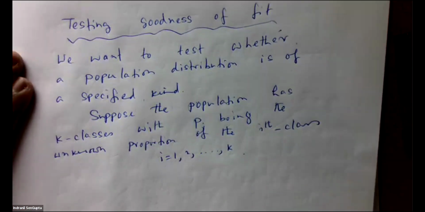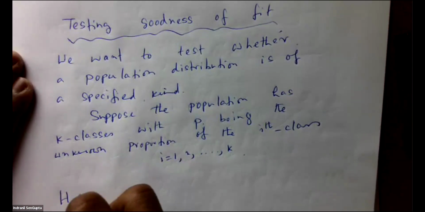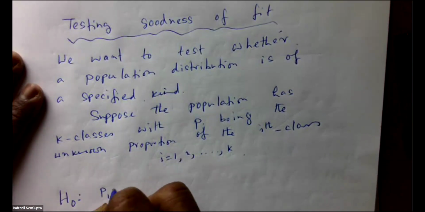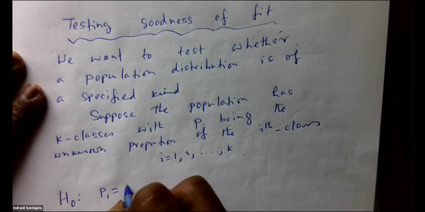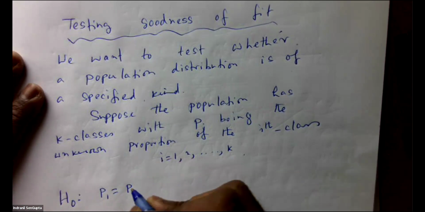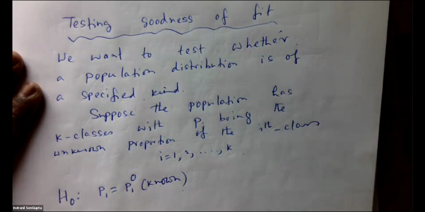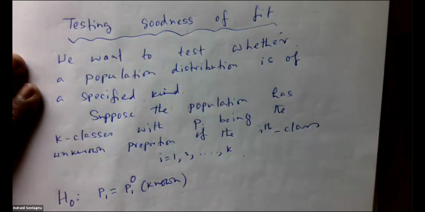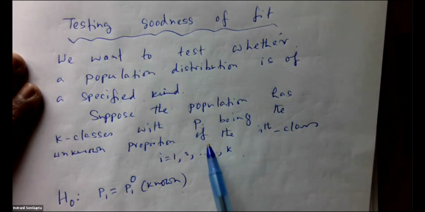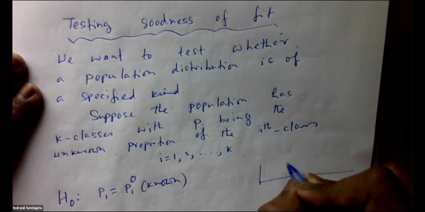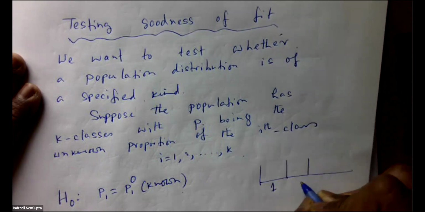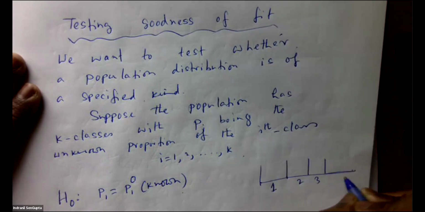Now the null hypothesis H0 is that p1 is, say, p1,0, which is specified. So there are basically k classes of the population. Let's have these classes: maybe there's a first class, second class, third class, and so on.